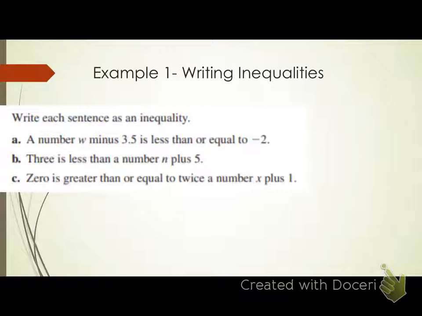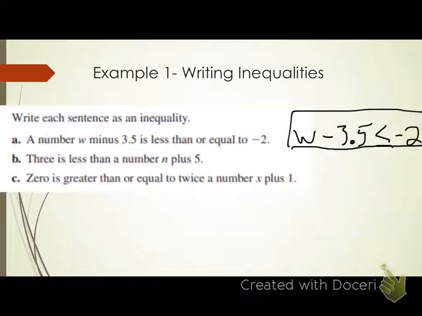So a number W minus 3.5, there's part of my expression so far, is less than or equal to negative 2. This would be my inequality for letter A. Can't see my equal to sign. There we go. W minus 3.5 is less than or equal to negative 2.